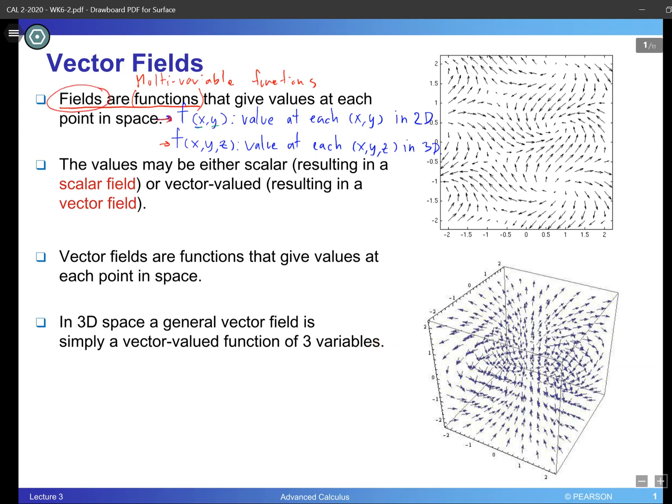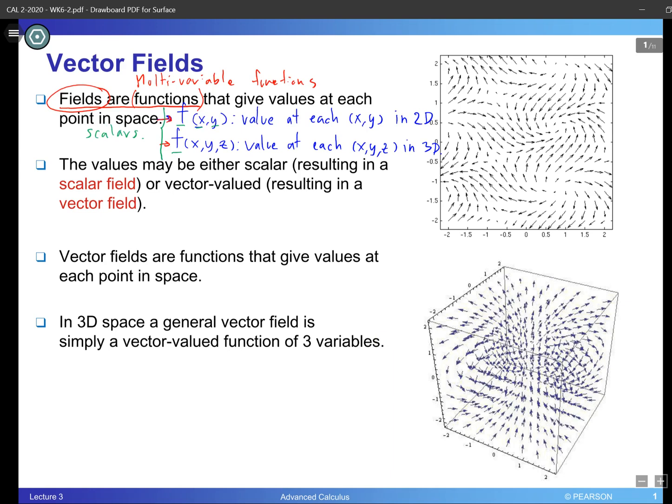Now, let's take a look at this f of xy and f of xyz that we just put in there. Let's take a look at the value that we assign to them. We assign this f value, and you can see that they are scalars. So make a note right here that we just assigned scalars to each location.